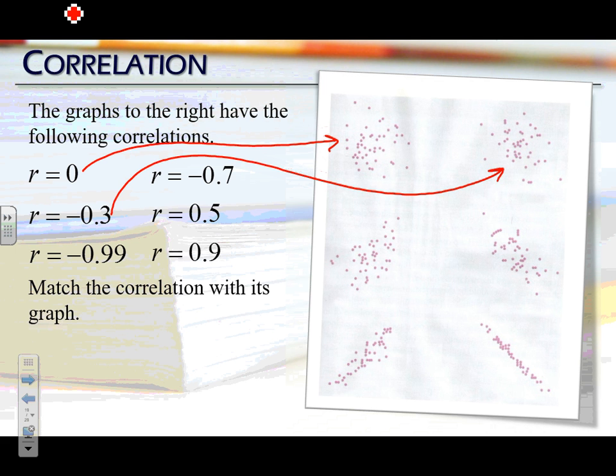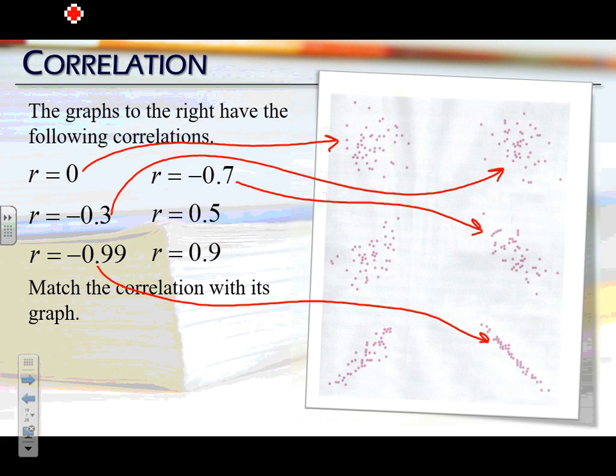Probably negative 0.7. Out of all of our choices, now we're starting to see it really tighten up. It's starting to follow that form a little bit better. Still the negative direction, so we still need a negative correlation coefficient, but we're getting closer. What would that bottom right match up with? The negative 0.99. This one is almost in a perfectly straight line.